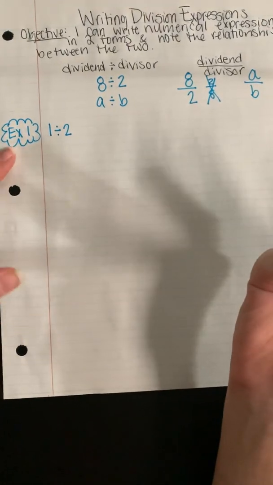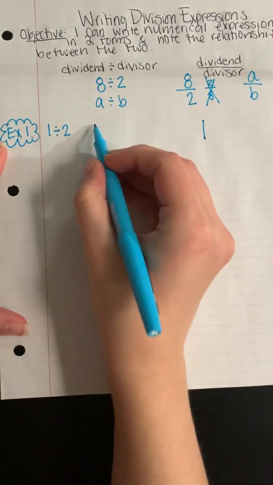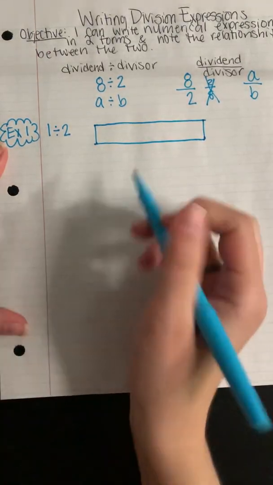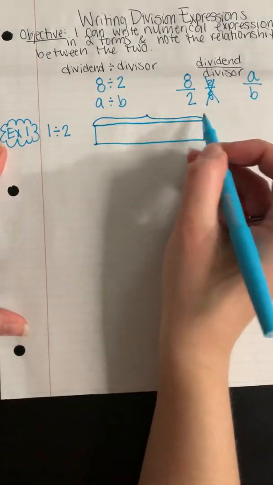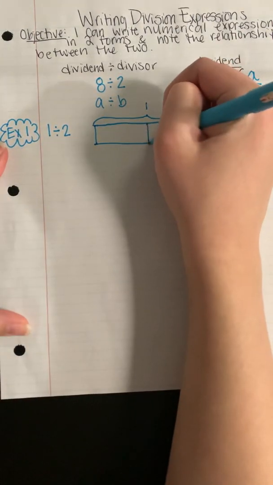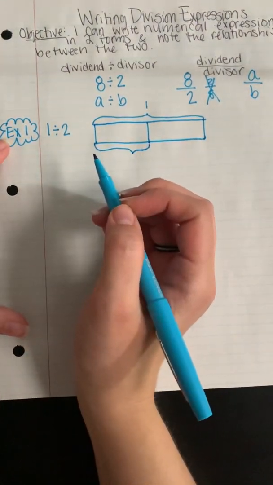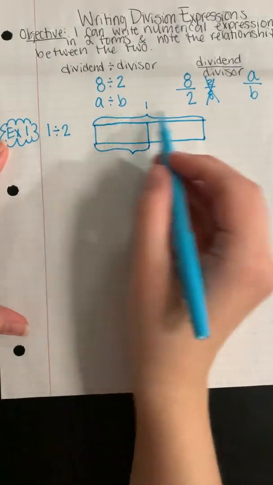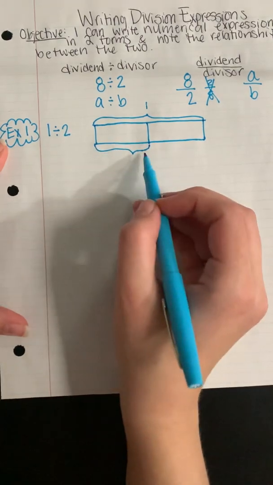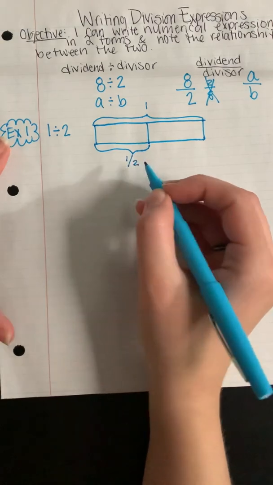So we could make a bar diagram. Here's my rectangle for my bar diagram. This entire model represents one whole, and I could take this chunk of it and show that if I have one entire piece divided into two sections, this one piece would be showing my 1/2.